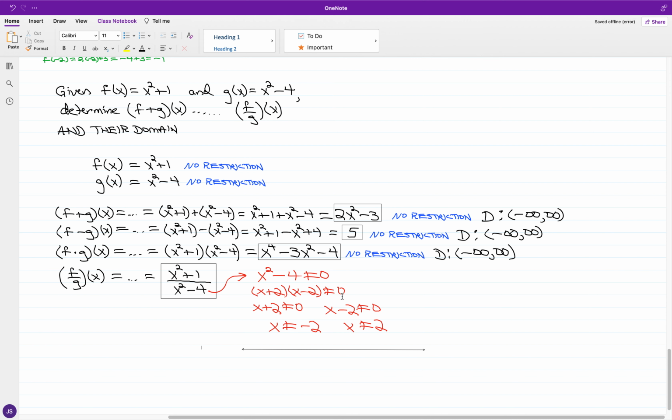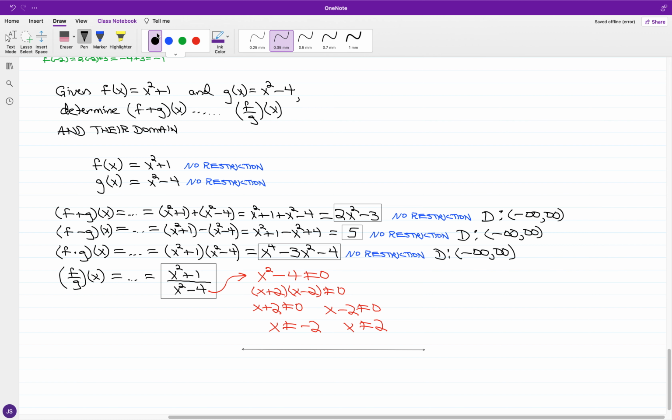So you're not going to be throwing in the 0, but just the values that will cause x squared minus 4 to be 0. So you're leaving out just negative 2 and positive 2. So those numbers will be left out.